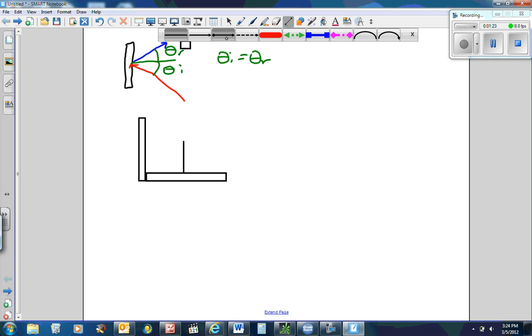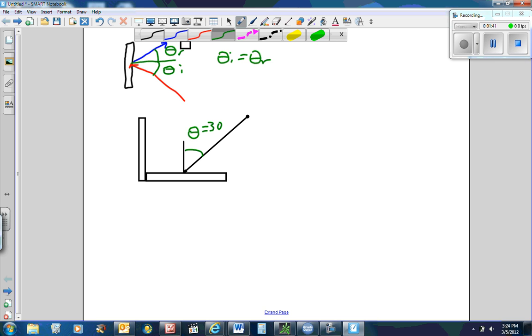And then let's say that we have a light ray and that's incident on this. And let's say that this is incident at 30 degrees, right? Question: what would be the angle that it would reflect off mirror 2 with?